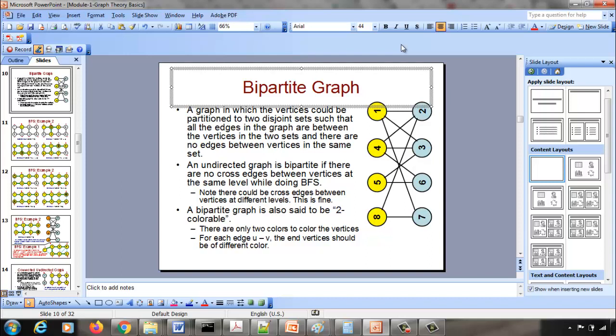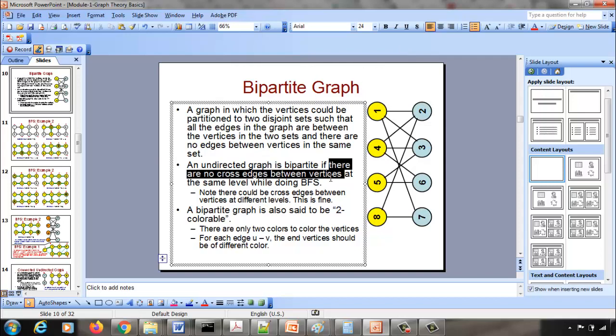Now how would we check whether a given graph is bipartite or not using the results of breadth first search? Now the rule is this. There should not be any cross edges between vertices at the same level. So if a graph does not have any cross edges between vertices at the same level, then it could be called a bipartite graph.